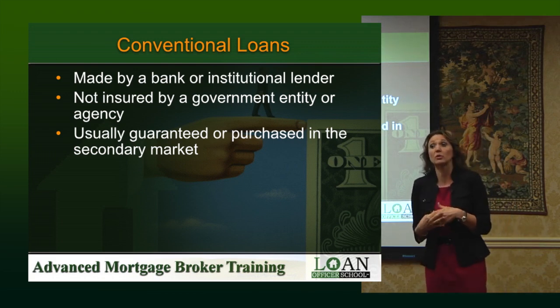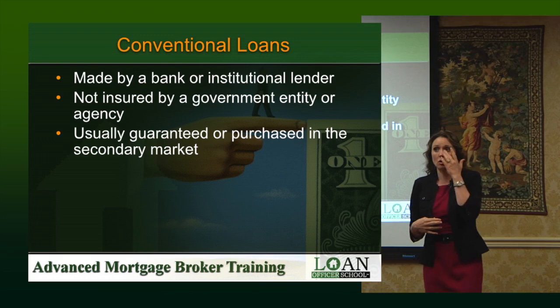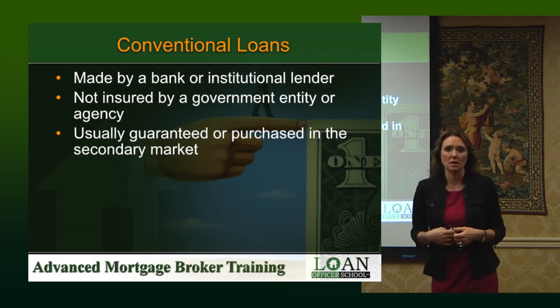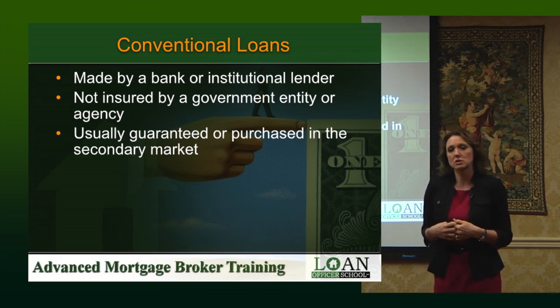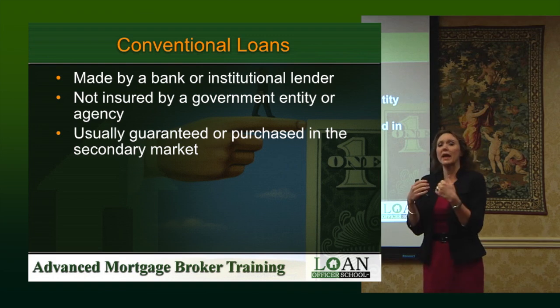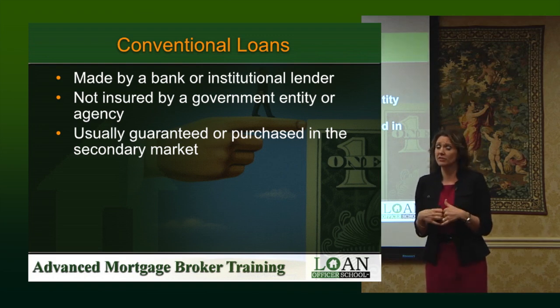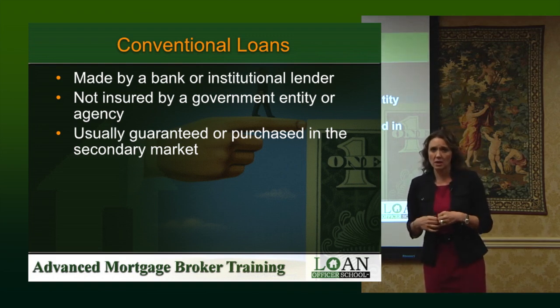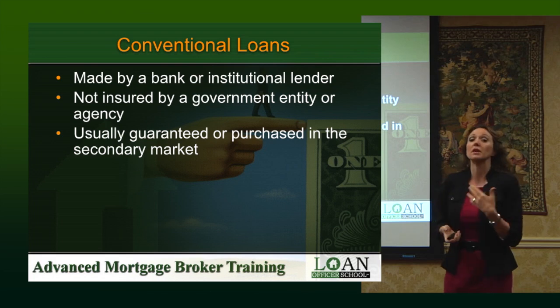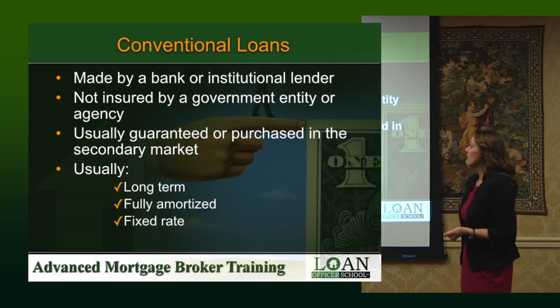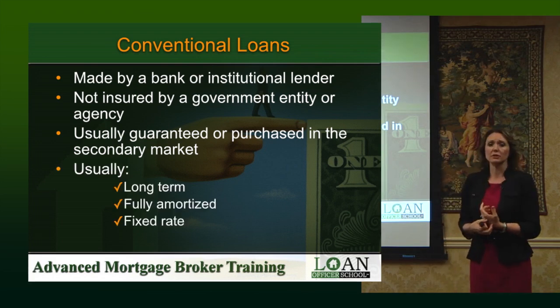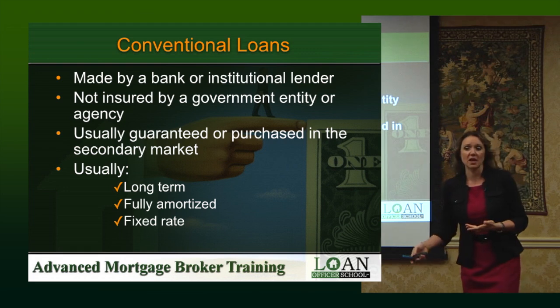You can hold on to it, which is called portfolio. So Bank of America probably hangs on to some of their loans. Your major financial institutions will. So when they hang on to it themselves and service it themselves, that would be called a portfolio loan. All right.